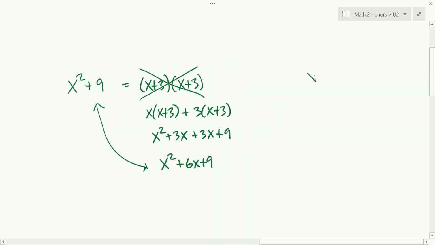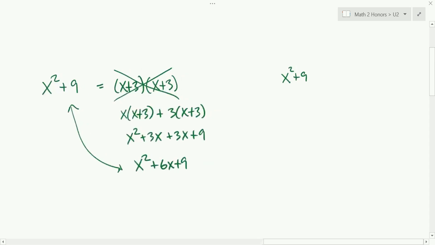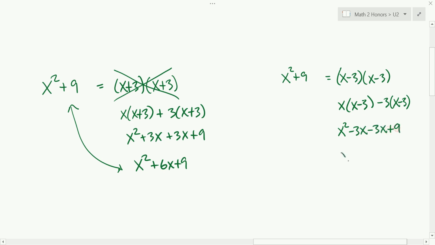So let's try again. X squared plus 9. We want to factor that. X minus 3 squared. So let's try that one. So x minus 3 times x minus 3. All right, so x times x minus 3 minus 3 times x minus 3. We get x squared minus 6x plus 9.